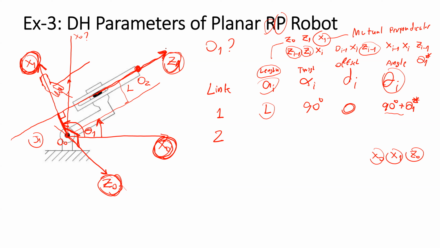In order to make it easy, I set the orientation of frame 2 in the same direction as frame 1, which means C2 in the same direction as C1, and X2 in the same direction as X1, with just an offset here between them.